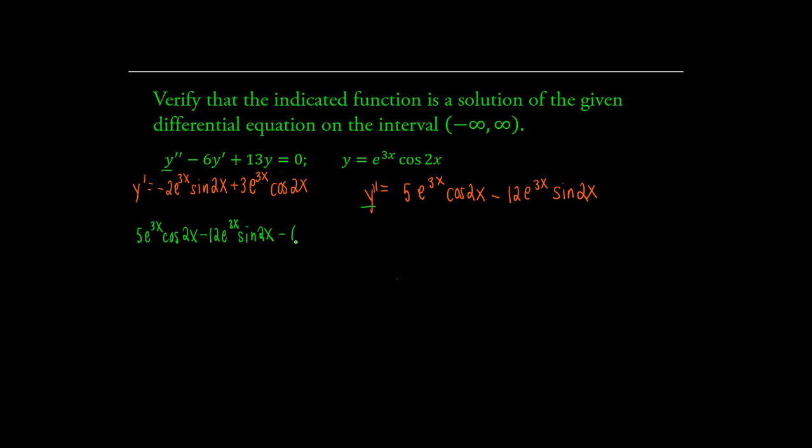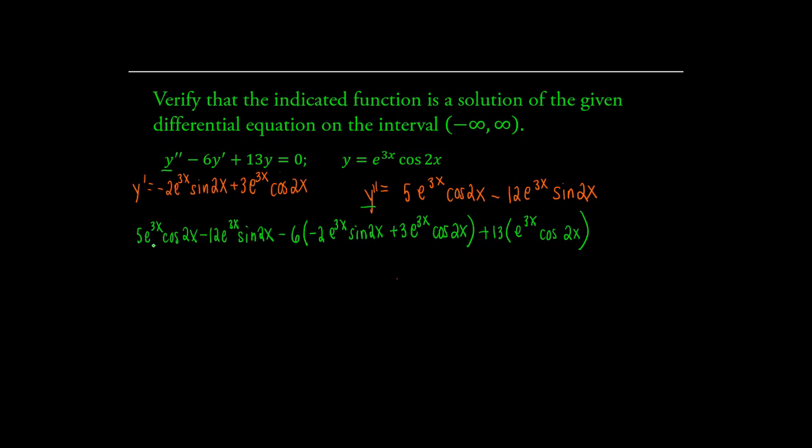And then we're subtracting 6 times y prime, which we calculated to be negative 2e to the 3x sine 2x plus 3e to the 3x cosine 2x. And then I'm adding 13y. So 13y is simply e to the 3x cosine 2x.